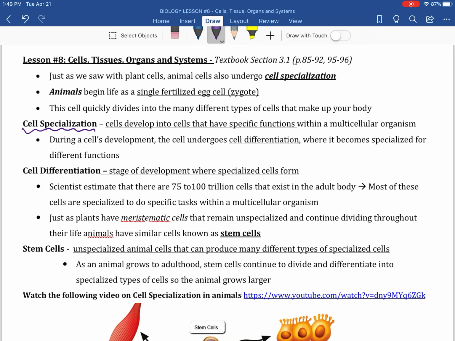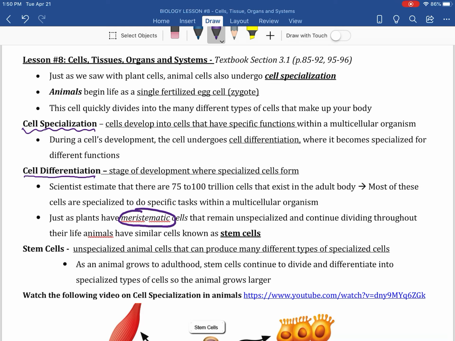Okay, so how do cells specialize? Well, they go through a little process called cell differentiation. Okay, so they go from being a cell that can be anything to a cell that has a specific function. All right, last lesson with plants, the cells that could be anything in a plant were called meristematic cells.